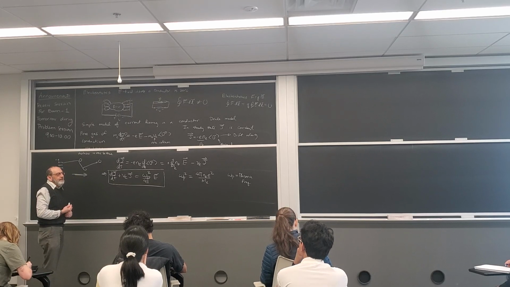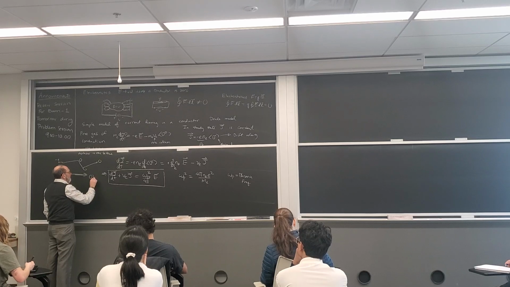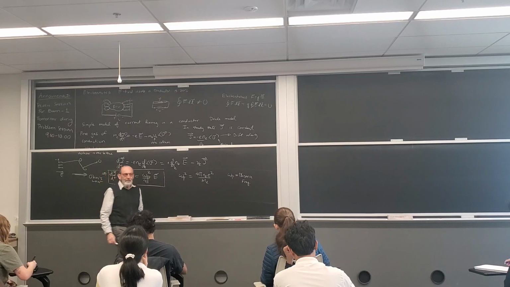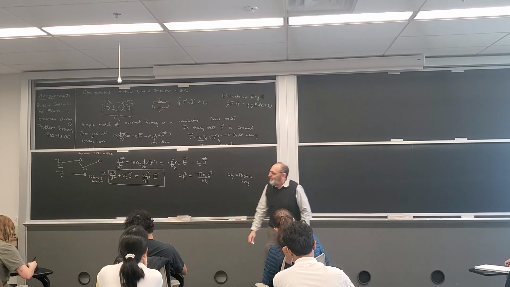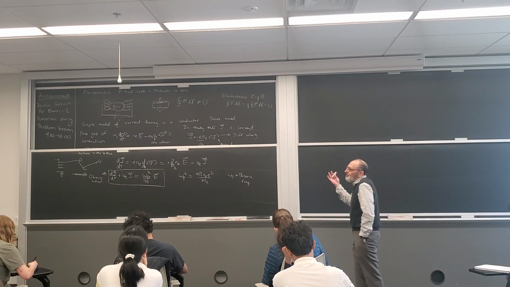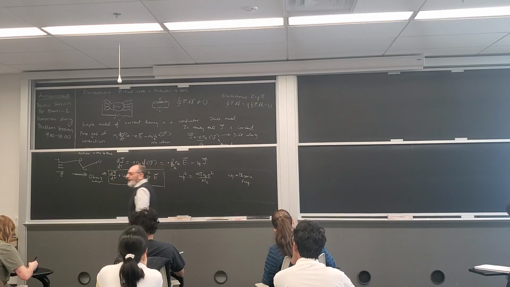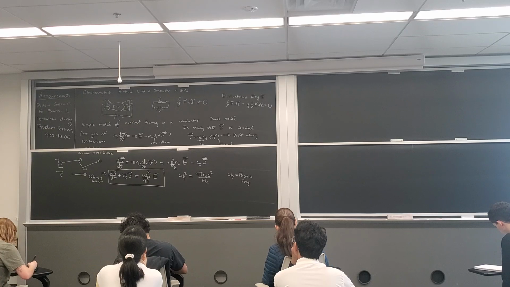And this equation actually is known as Ohm's law. It's not the familiar form of Ohm's law, but we'll reduce it to that in a moment. V equals IR. That doesn't look like V equals IR, but it actually is in a certain limit.